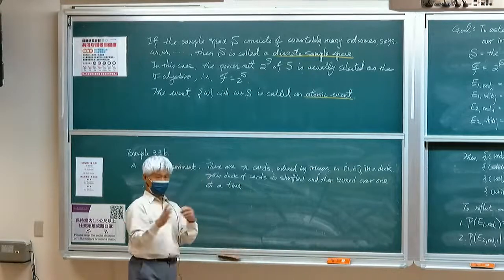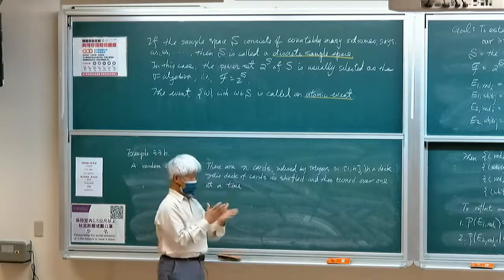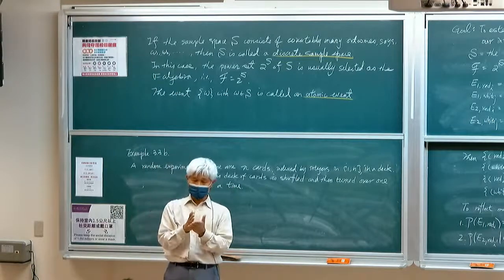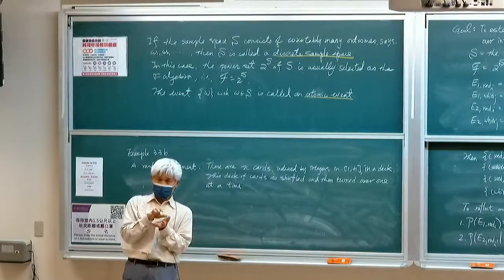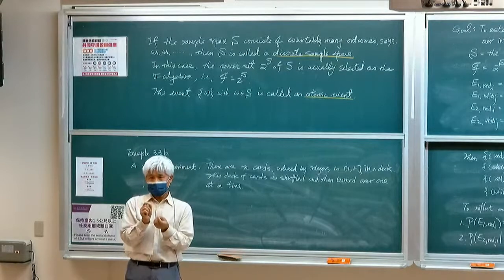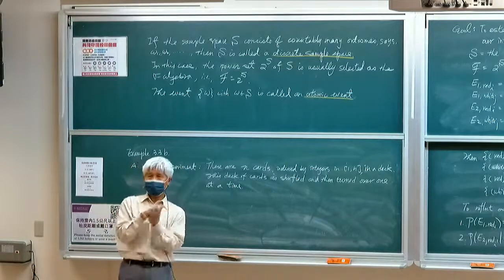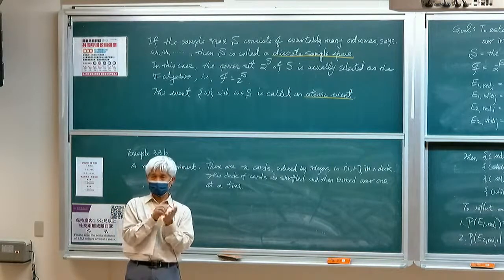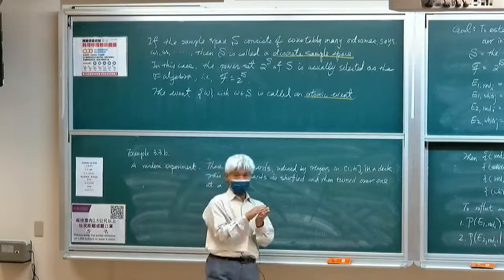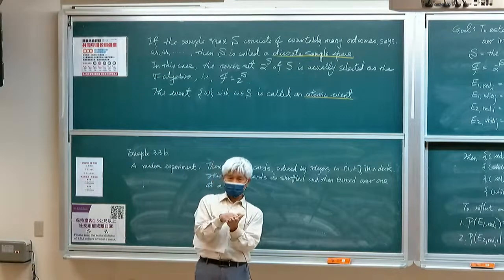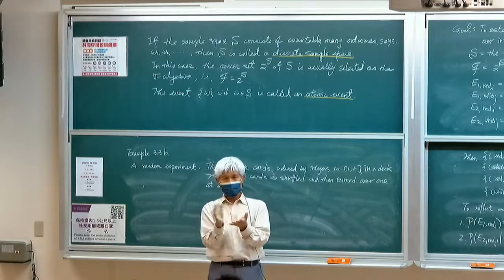So you have n cards, and each card is indexed by an integer. You can say card number 1, card number 2, up to card number n. You write the index on each card, 1, 2, 3, 4, 5, up to n, and you shuffle it. After you shuffle the deck, you turn over the cards one by one.